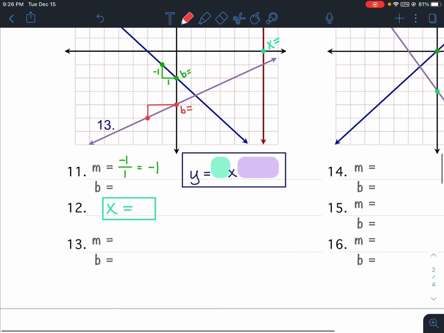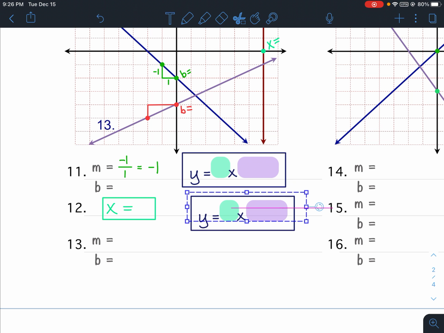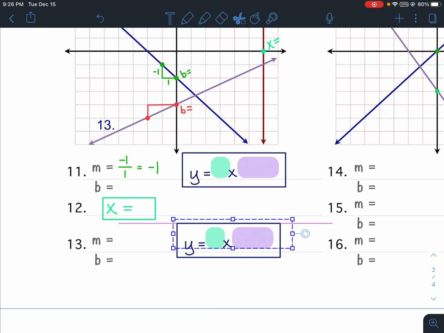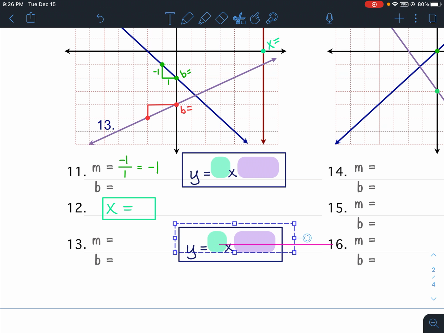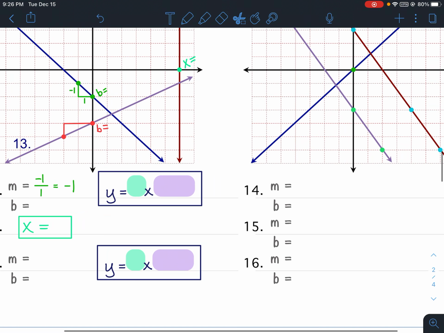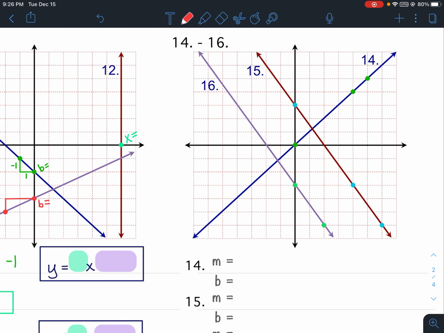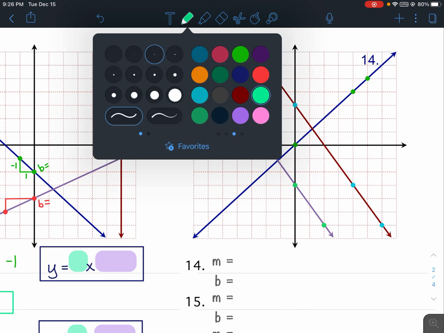So you're going to have to find your own slope, your own y-intercept, and you're going to write your equation for number 13 in the form of y equals mx plus b. Okay. Number 14.